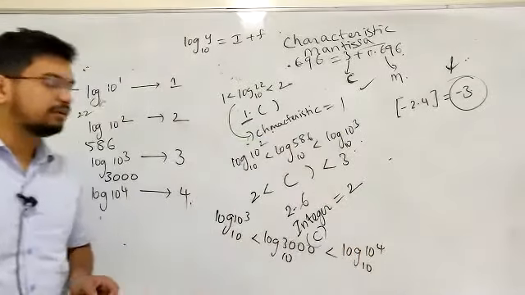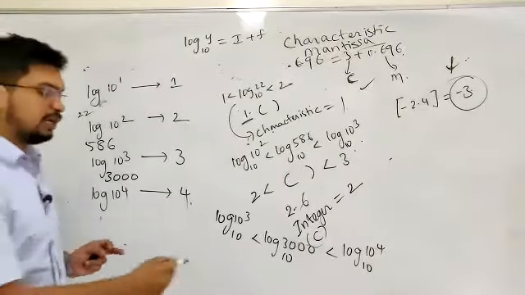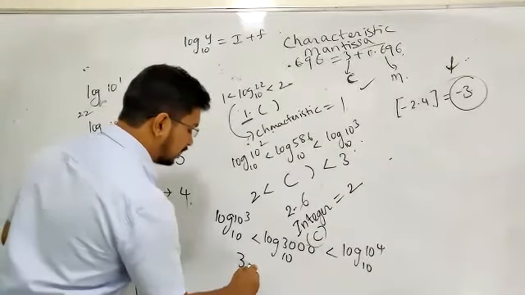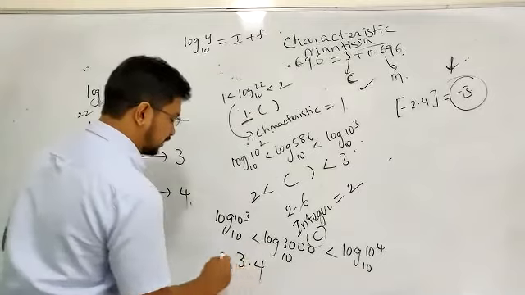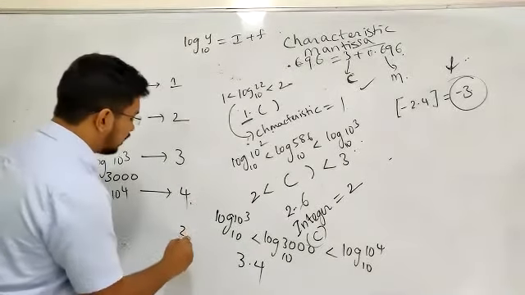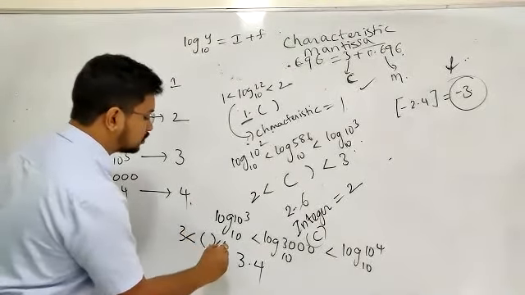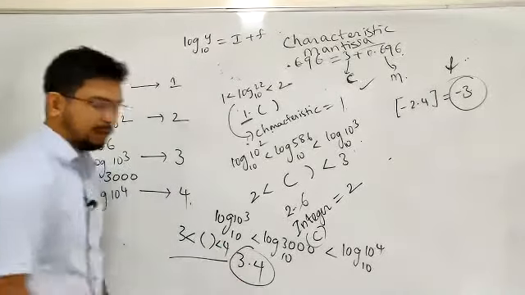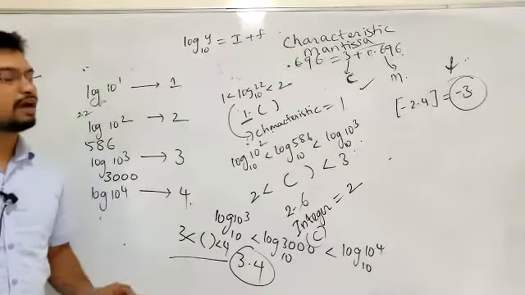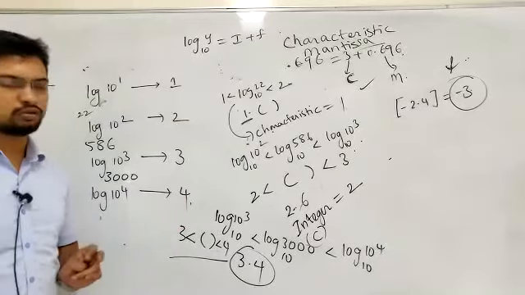So this value becomes something like 3.4, and 3 is less than this value, which is less than 4. Let's say the value is 3.4.